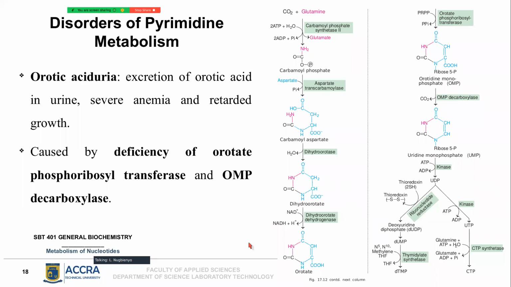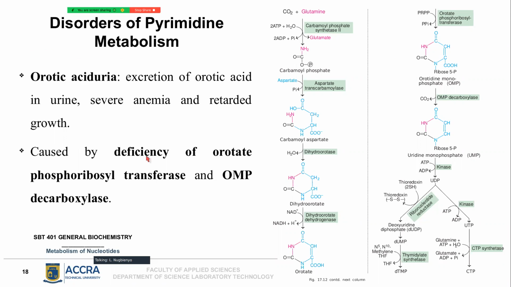And so you will now have some severe anemia with an increase of this orotic acid in urine. And of course, if it is having an effect on the nervous system, then it can also cause some mental retardation or retardation in growth in general.